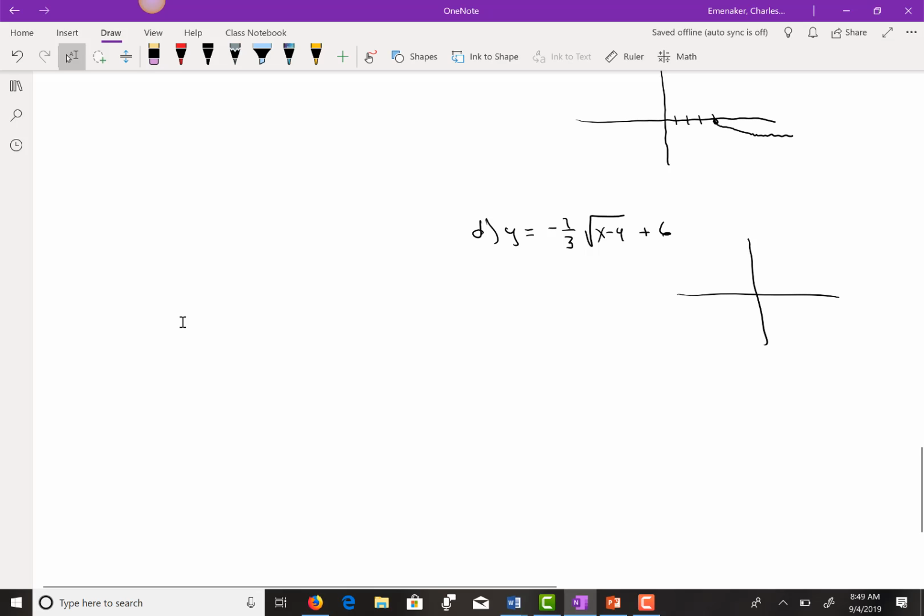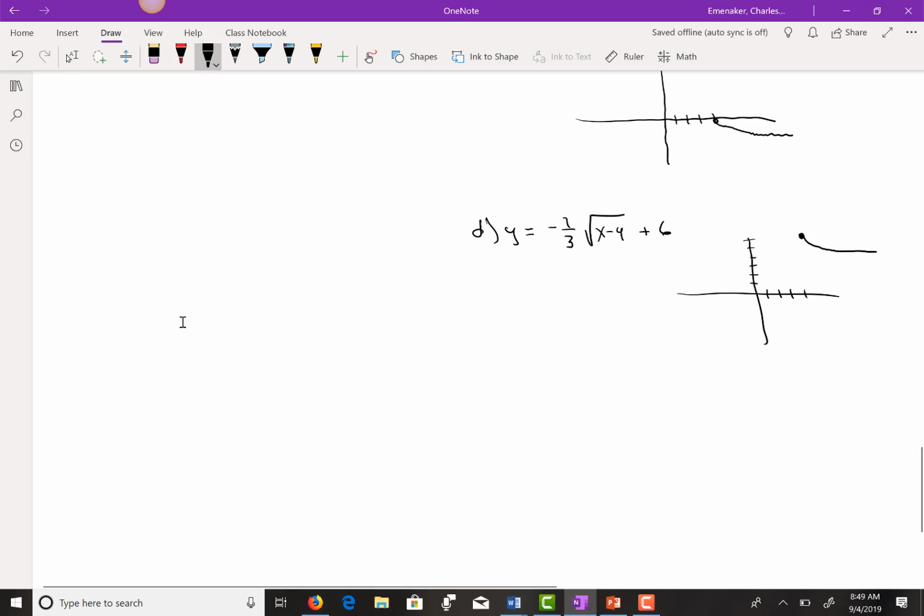We're still going to come over 4: 1, 2, 3, 4, but we're going to go up 6: 1, 2, 3, 4, 5, 6. There's our start point. And the graph's still going to have the same basic shape to it. And there it is. Does that make sense?